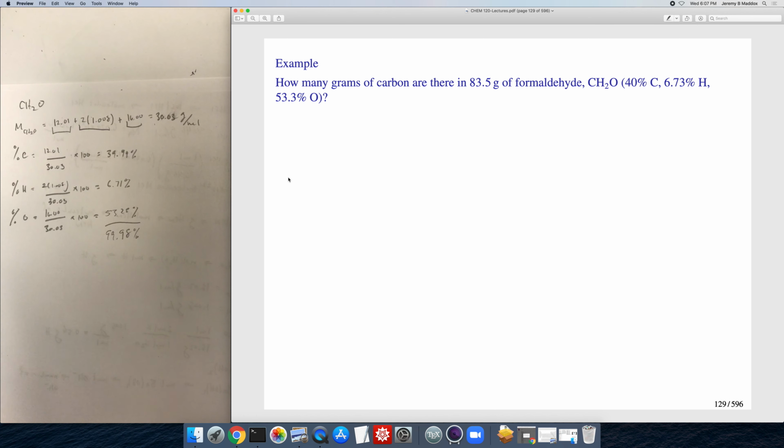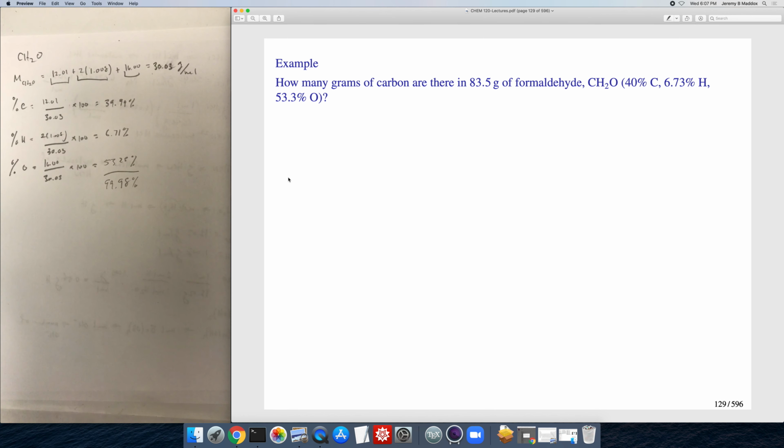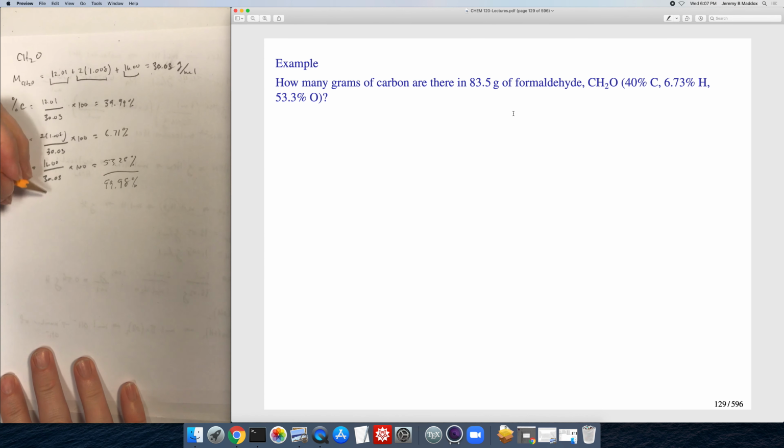Here in this problem, we're taking the percentages for formaldehyde, and then we're using them in a problem. So given the mass percentages that we've calculated, suppose that you had 83.5 grams of formaldehyde. How many grams of carbon would that be? Well, you take the 83.5 grams of the total, and then to get the percent carbon, you would multiply that by the percentage of carbon divided by 100.